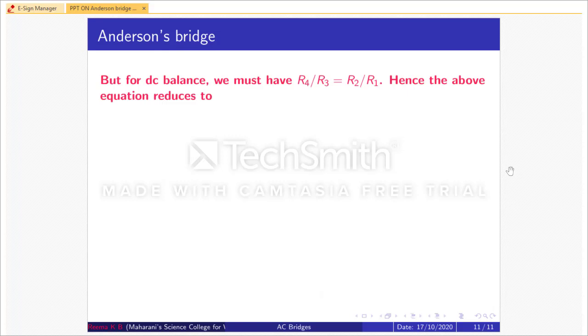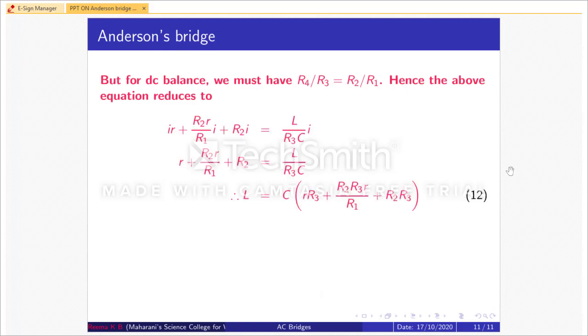Hence, the above equation reduces to IR plus R2 by R1 times R I plus R2 times I is equal to L divided by R3 times C into I. Therefore, R plus R2 divided by R1 R plus R2 is equal to L divided by R3 times C.